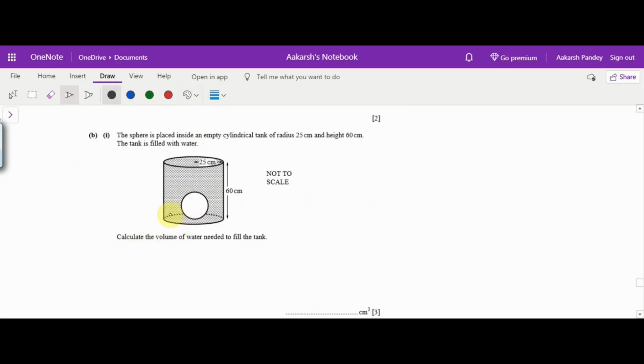So volume of water needed to fill the tank will be volume of cylinder minus the volume of the sphere. So what is the volume of cylinder? Volume of cylinder is pi r square h, which is pi times 25 square times 60.